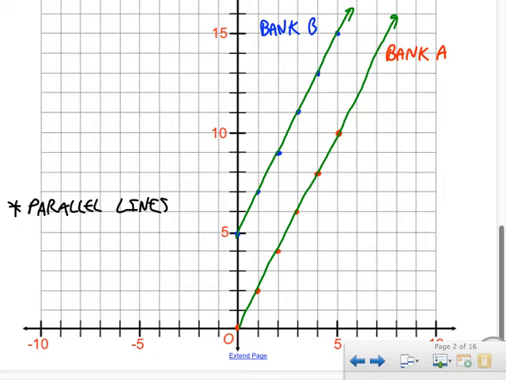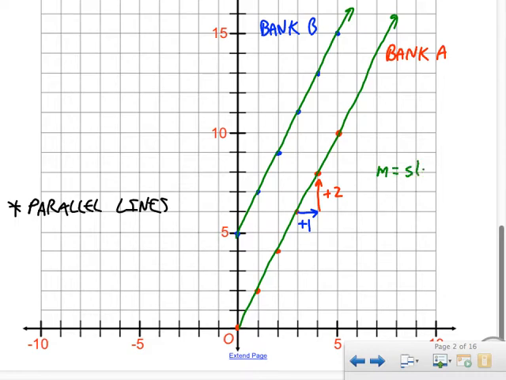So I'm going to pick this point right here. What's the run from this point to this point? The run is 1, plus 1, right? Because I'm going to the right. What about the rise? The rise is what? My rise is going to be plus 2. So my slope, m, is the variable we use for slope.